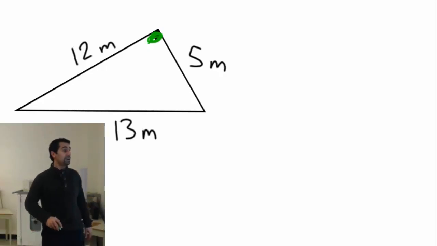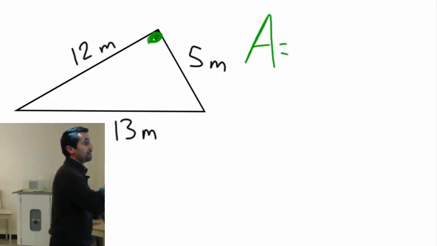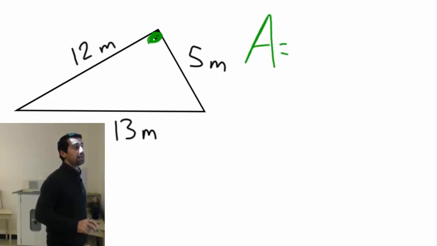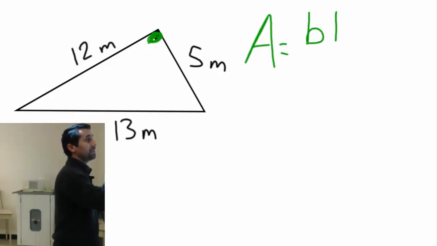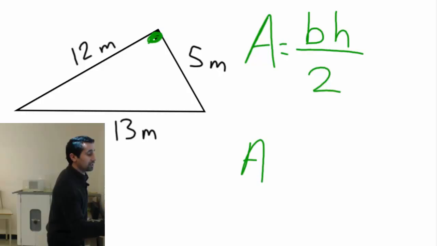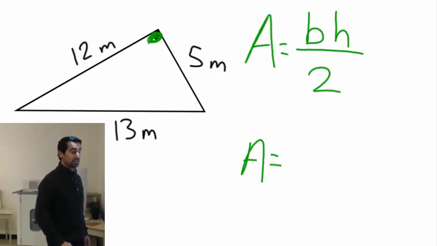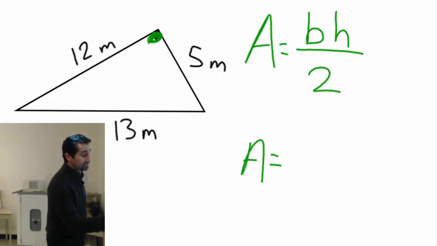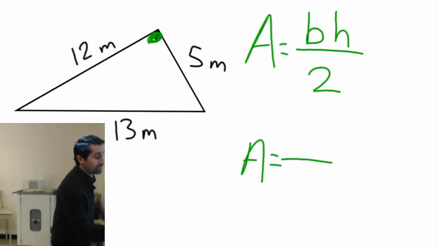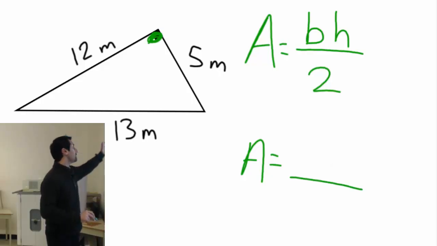So let's go ahead and try that. First, we write down the area formula. You will see it's BH divided by 2. Area equals. By the way, do make sure the division line goes in the middle of the equation, not underneath the equation.